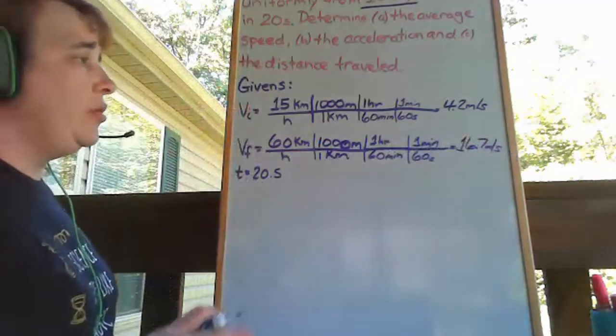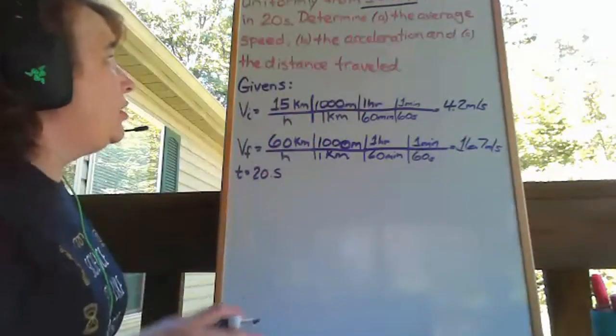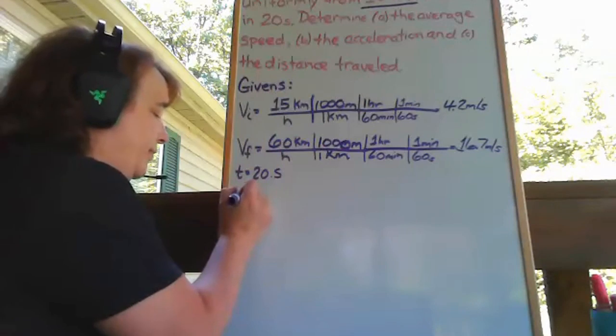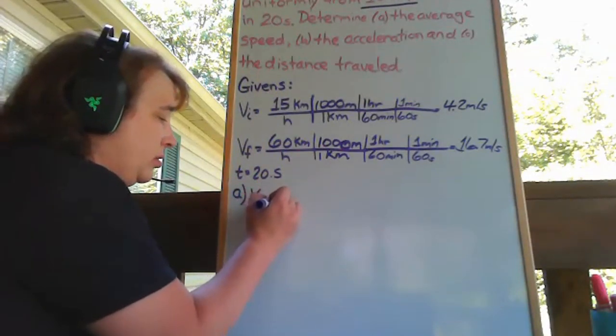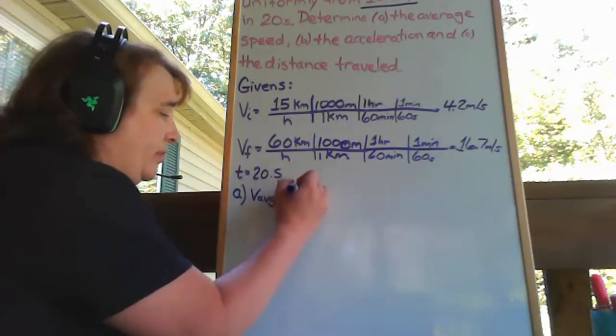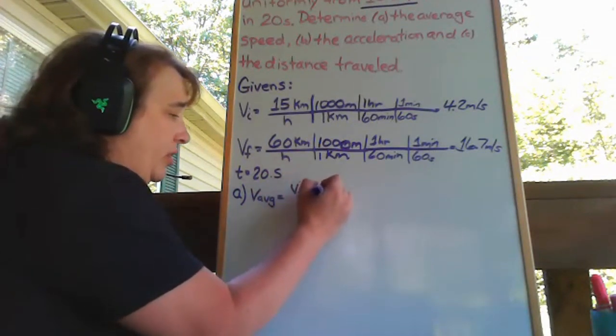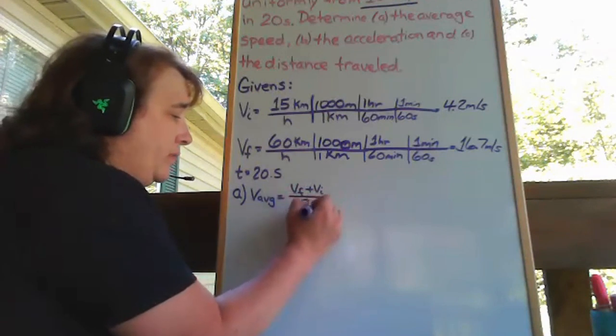Okay, so now that we have everything in the units that we need, the first thing it asks for is the average speed. So V average is equal to V final plus V initial divided by 2.